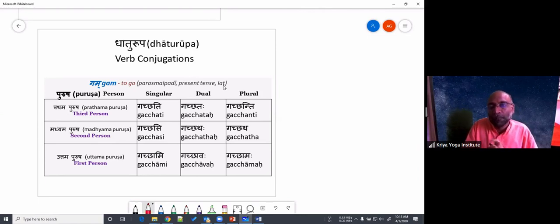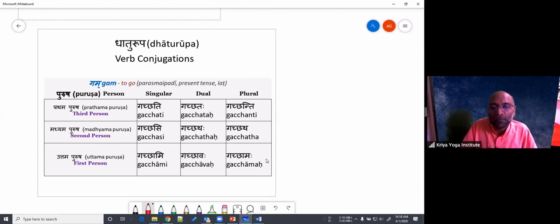We'll cover some, and we will also see how many roots we cover, because there are about, as I said, 2000 roots. So even if you take common roots like 500, take 10 tenses and moods, 3 persons, 3 numbers, all of a sudden you see the verb forms quite exploding.